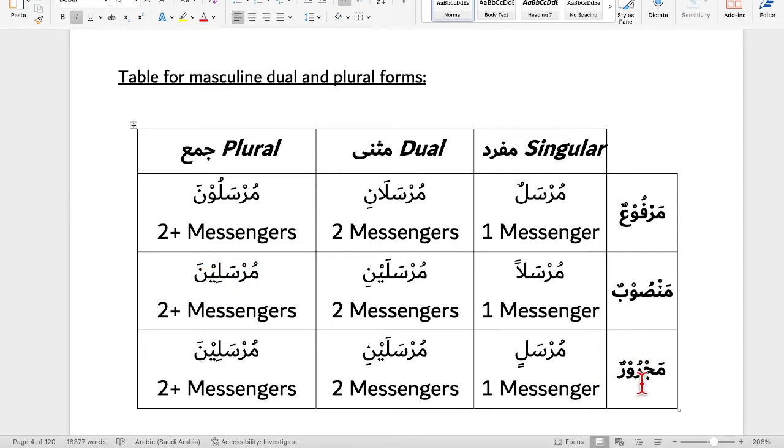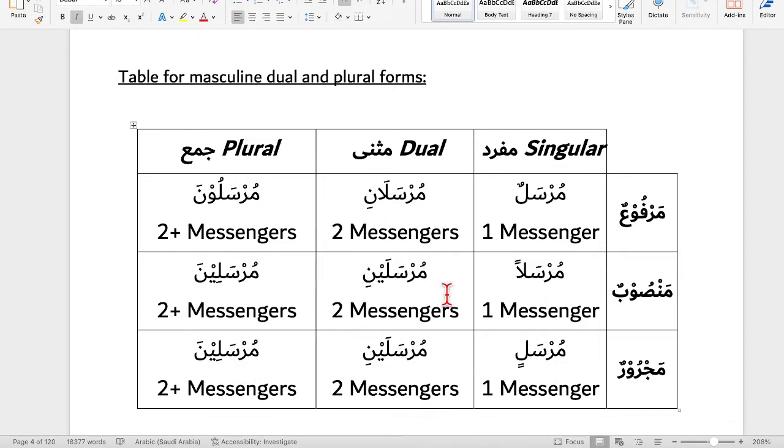And if the noun is in the majroor form, mursalin, with the kasra at the end, we will study why that ending changes, but for now just understand that if it is in this form, then the dual form is mursalaini and the plural is mursalina. To memorize this, you can say: mursalun, mursalan, mursalin; mursalani, mursalaini, mursalaini; mursaluna, mursalina, mursalina.